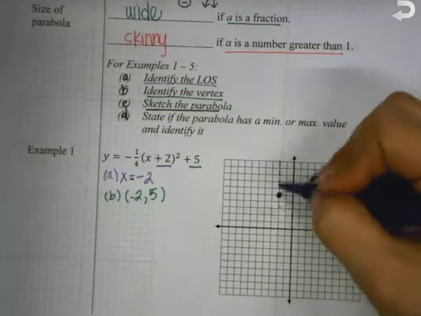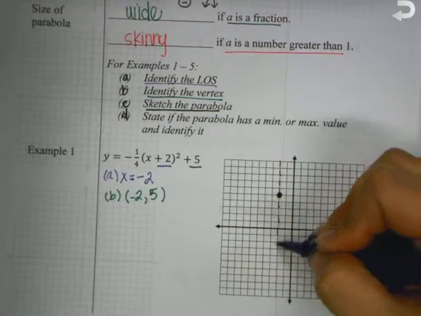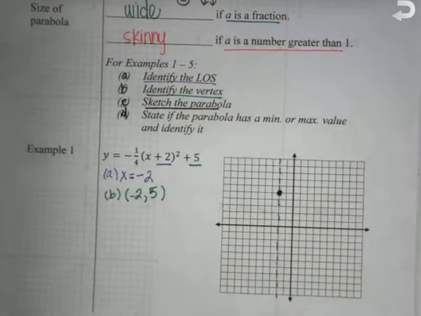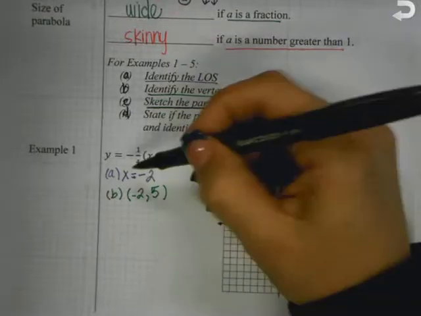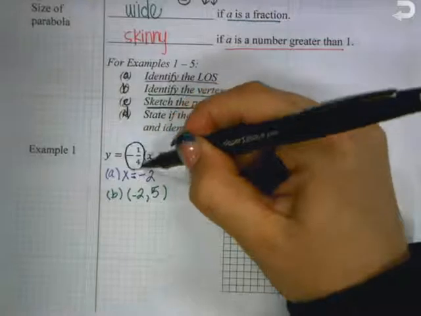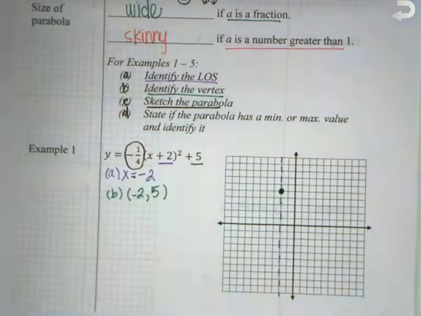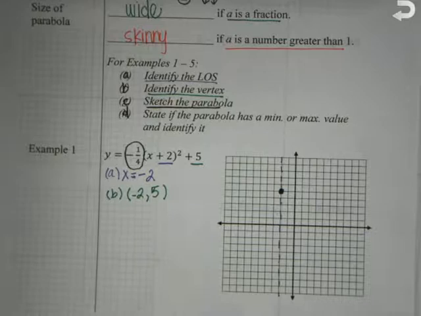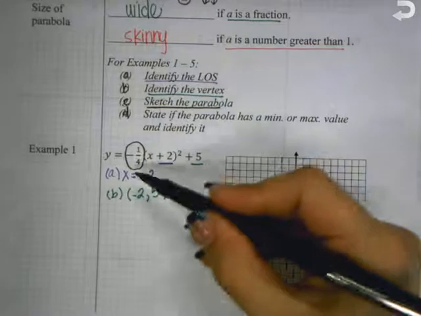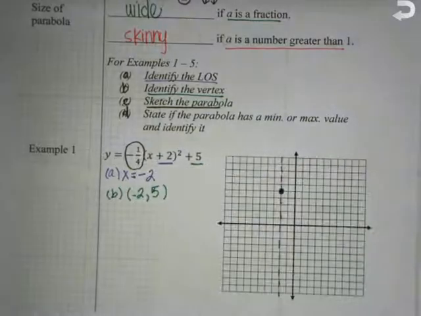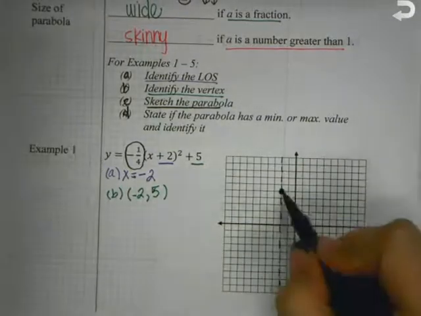Okay. And then let's look at our a term. Our a term is -1/4. So first of all, is it opening upwards or downwards? Good, it's downwards. And it's a fraction. So is it going to be wide or skinny? It's going to be wide. So let's draw a parabola that's wide pointing downwards. Try to make it symmetrical.